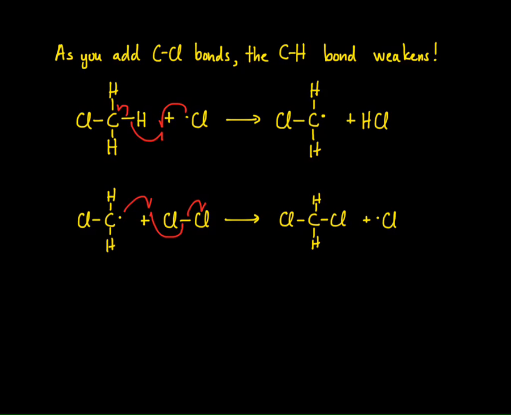So you see that, and this is only if I have an excess amount of chlorine, am I going to start to produce multiple substituted chlorinated products. And of course we could go on and on. I could take that dichloromethane and react it with a chlorine radical, abstract a hydrogen to get chloroform, and then on to carbon tetrachloride.